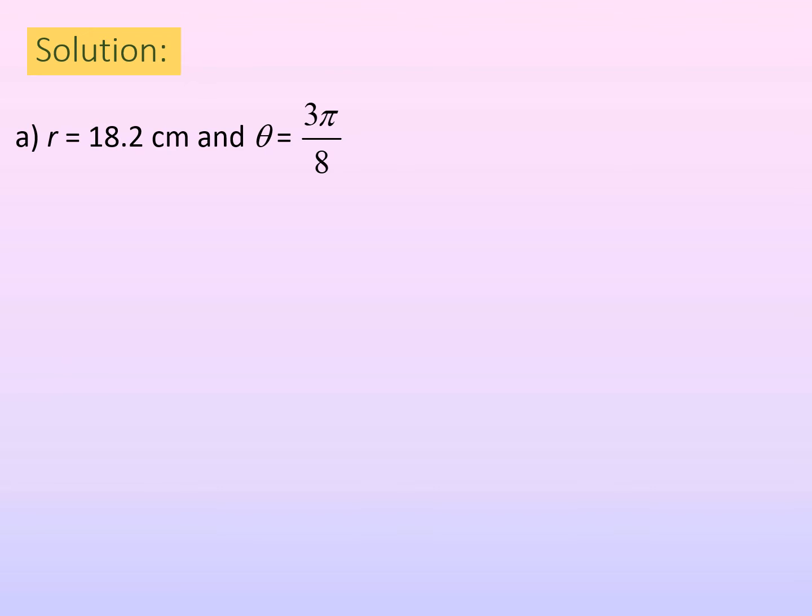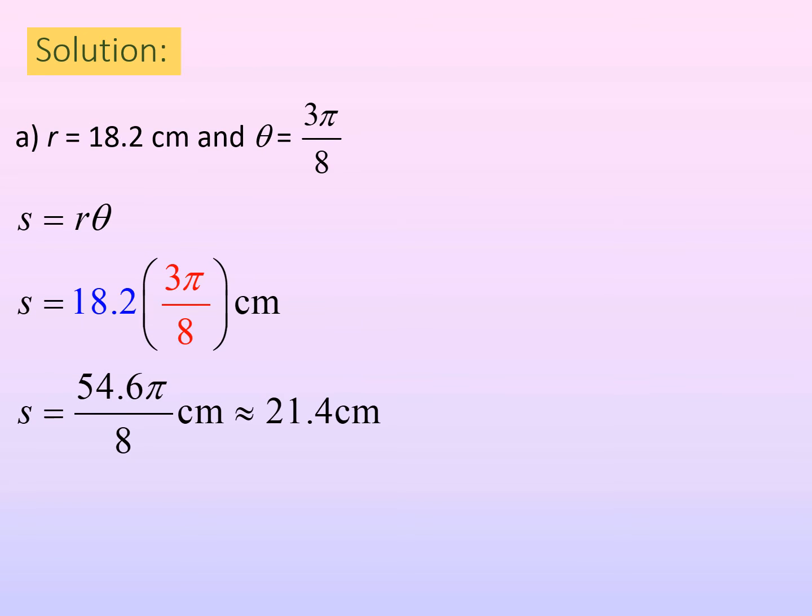Now let us solve for letter A, wherein theta is equal to 3 pi over 8. Here, we automatically substitute all the given, the radius and the theta, because our theta is already expressed in radians. If your angle is expressed in radians already, you will immediately substitute the values.